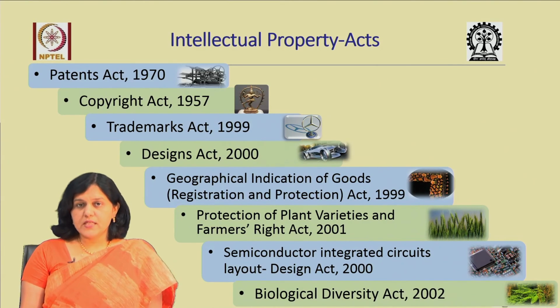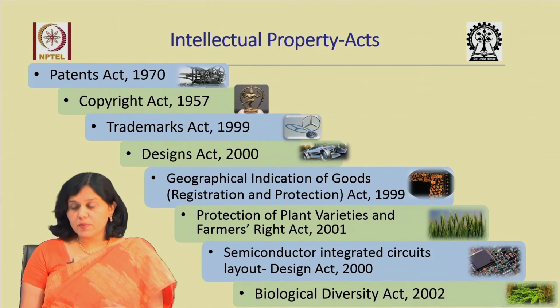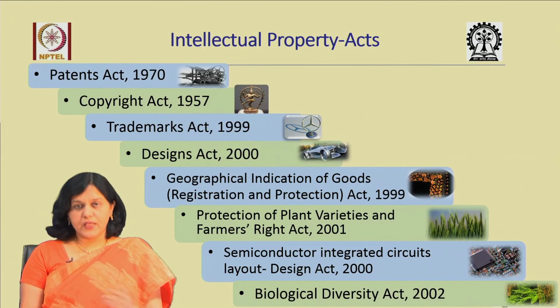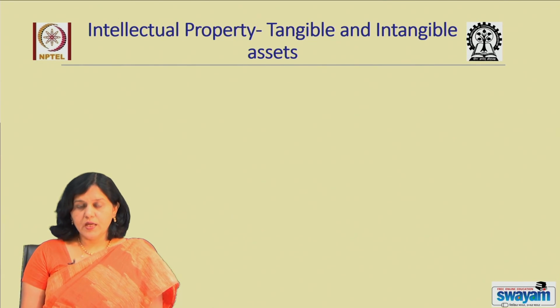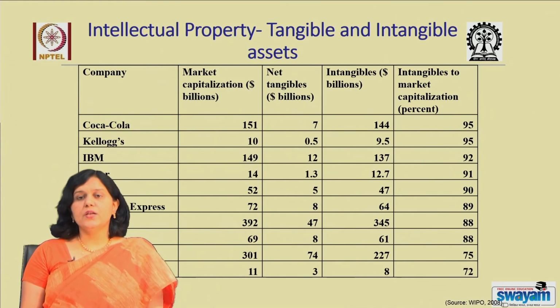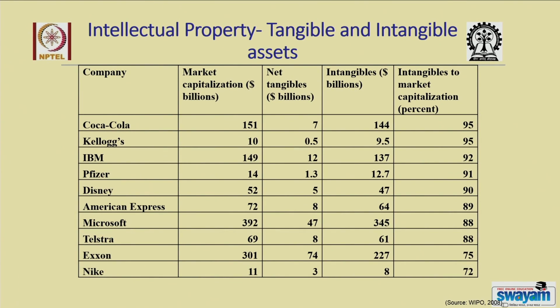Okay. So, tangible property and intangible property. What is the percentage of tangible property and intangible property in any organization? In 1980, the scenario was that 80% of organization assets were tangible assets, and now, as mentioned earlier, we are in a knowledge economy. Can you guess what the percentage is now?